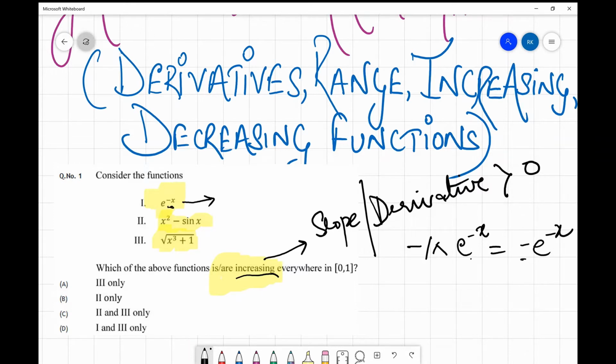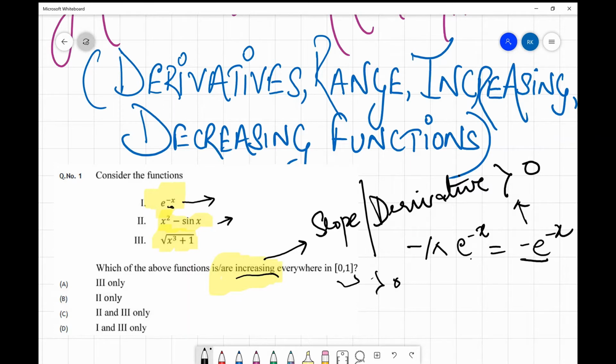Already there is a negative sign, so this can't be more than 0. In this range all the numbers are more than 0, so if I substitute any value, I'll get a negative value, less than 0. So this is false.